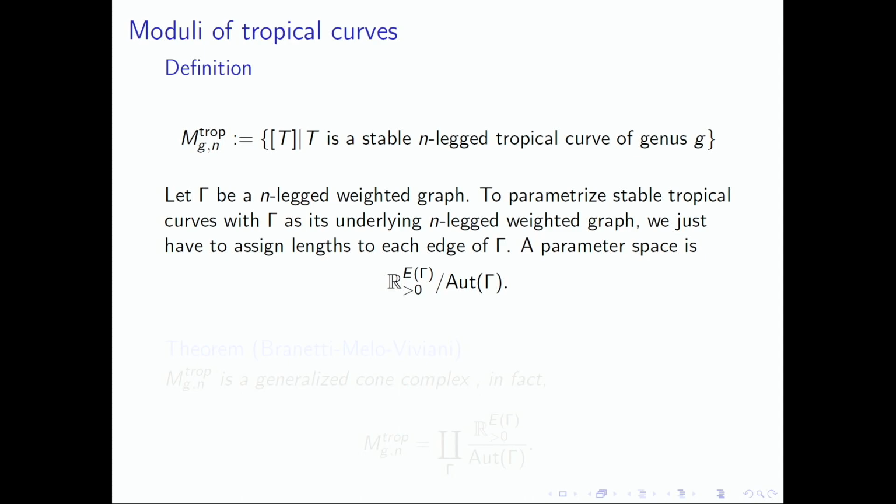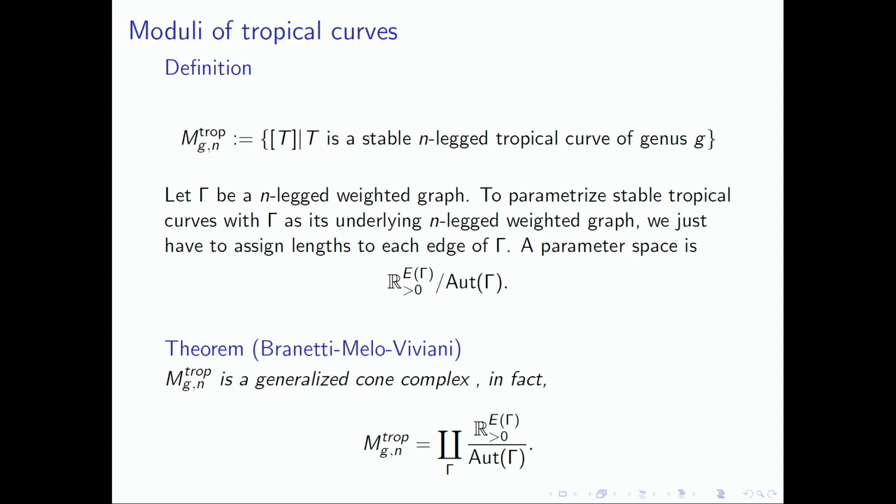And if you want to put everything together, varying the graph, of course, what we can do is to consider this set, the union over all stable graphs of genus g. This also has a very nice structure, which is a structure of generalized cone complex. So a cone complex is actually a topological space obtained by gluing cones together along faces.